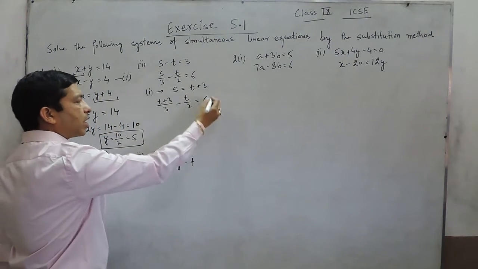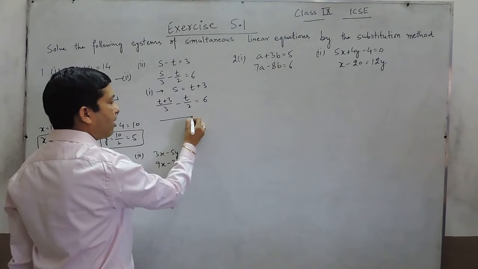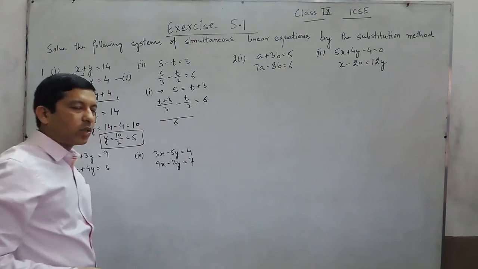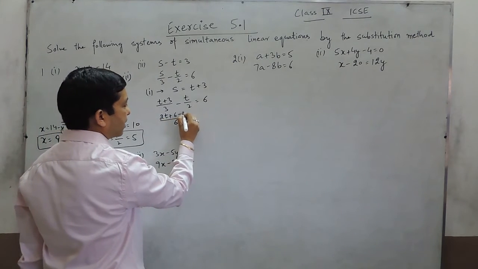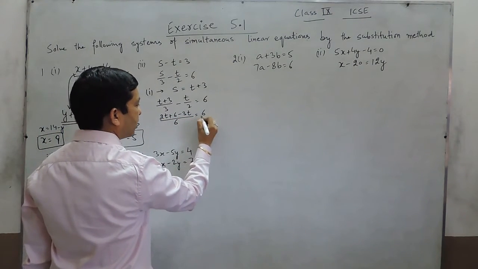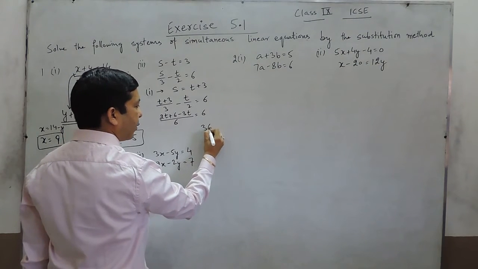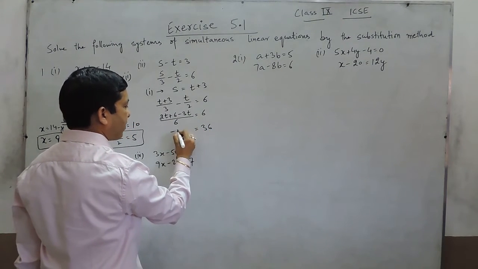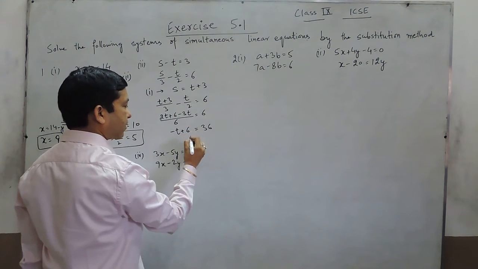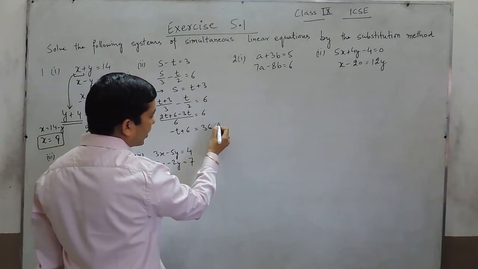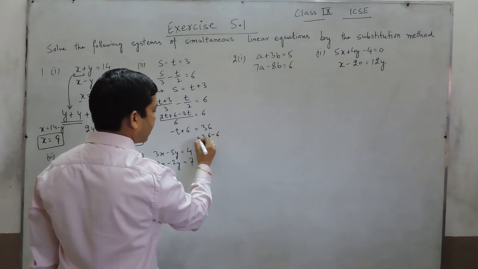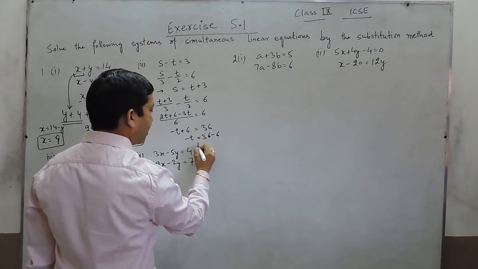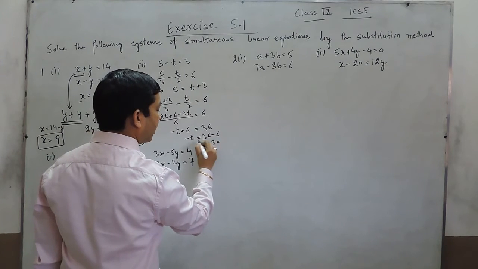Now we have to solve this equation where there is only one variable. When I take the LCM of 3 and 2, it is 6. So it is 2t plus 6 minus 3t is equal to 6. When we cross multiply, it becomes 36, and the value becomes minus t plus 6. When this 6 goes to the right hand side, it will be 36 minus 6 is equal to minus t, and t will become minus 30.